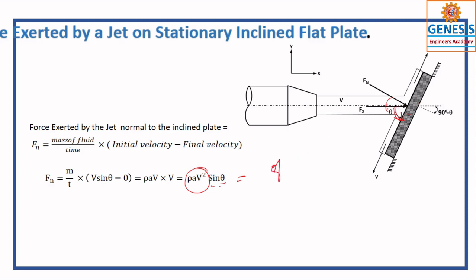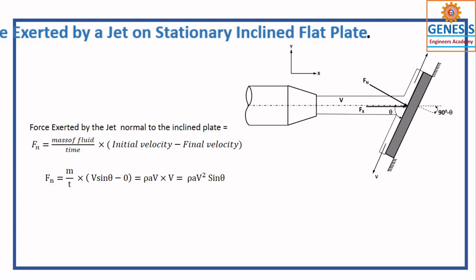If theta is equal to 0, sin 0 is equal to 0, the force normal to that plate is 0. If theta is equal to 90, the plate is vertical. The same thing can be used for horizontal and also vertical and also inclined. But the inclination is jet with the velocity, in this direction.